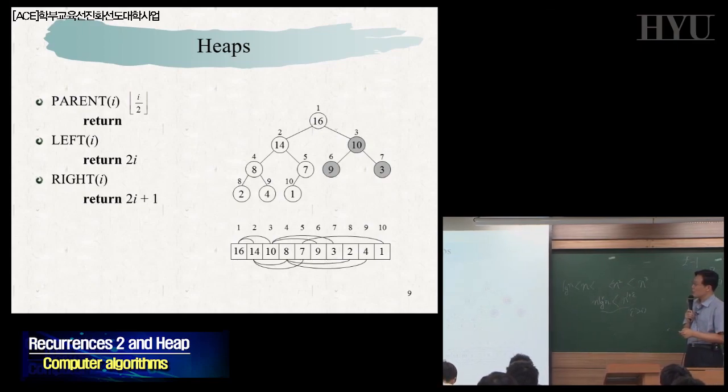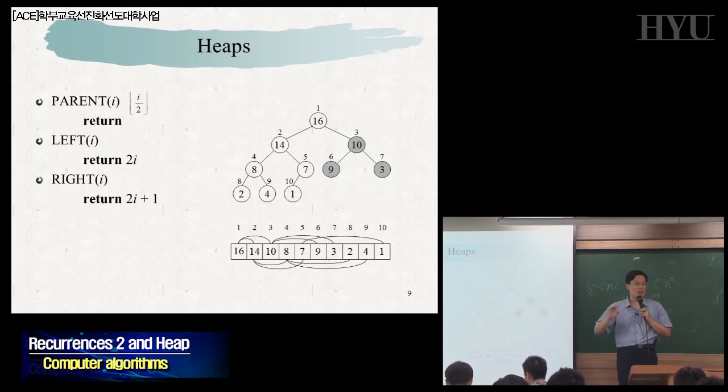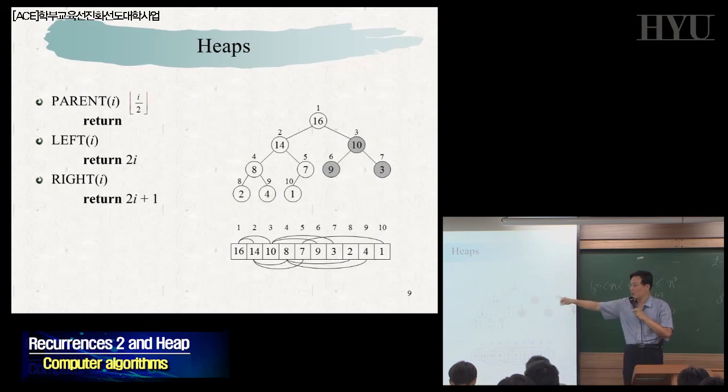This key is stored in the 3rd element, and its left child is stored in the 3 times 2 equals 6th element. And this is in the 7th element. So we can find children in constant time by using this calculation.